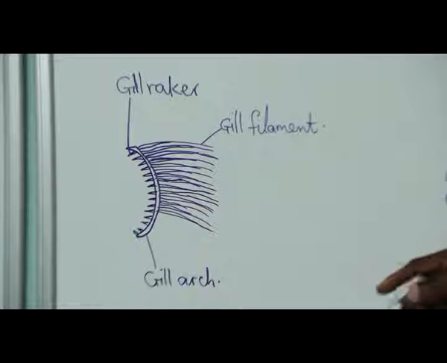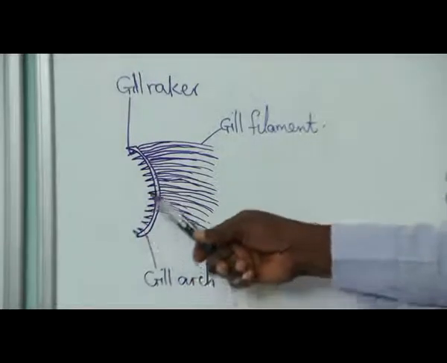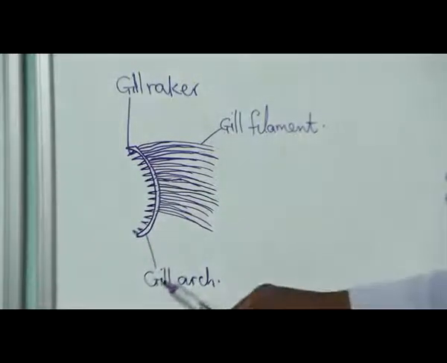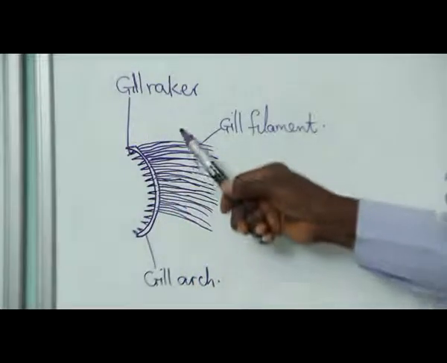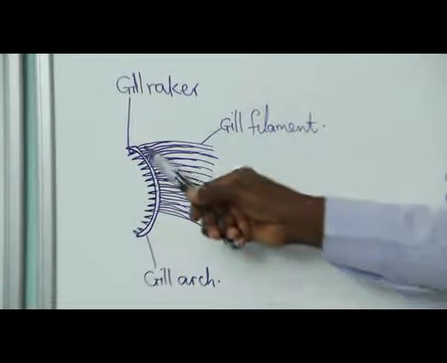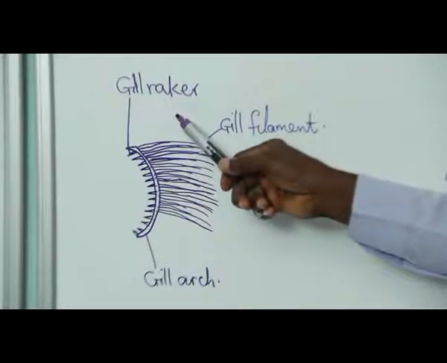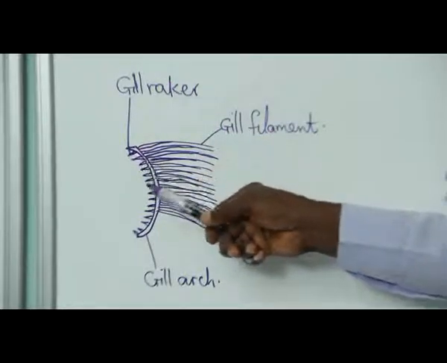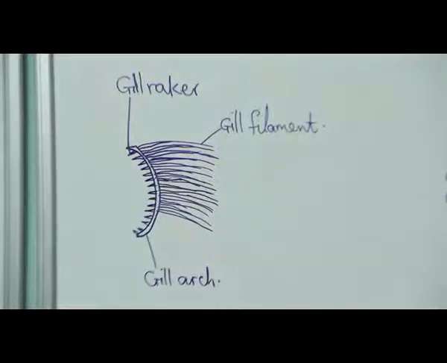And the gills are made up of these parts. The gill arc, which is more or less bone-like, supports the gill rakers and the gill filaments. The gill filaments have blood supply where gaseous exchange takes place.